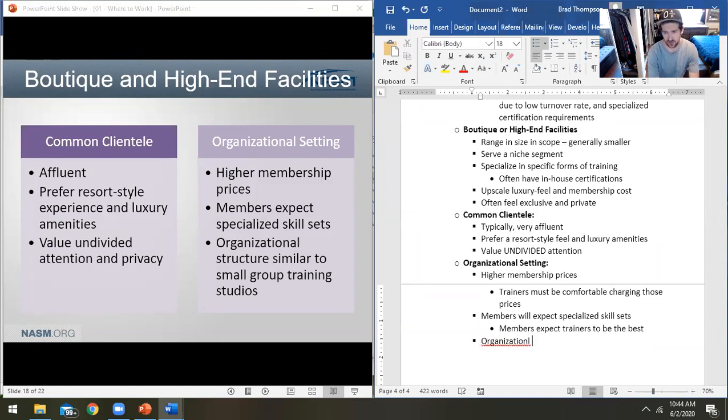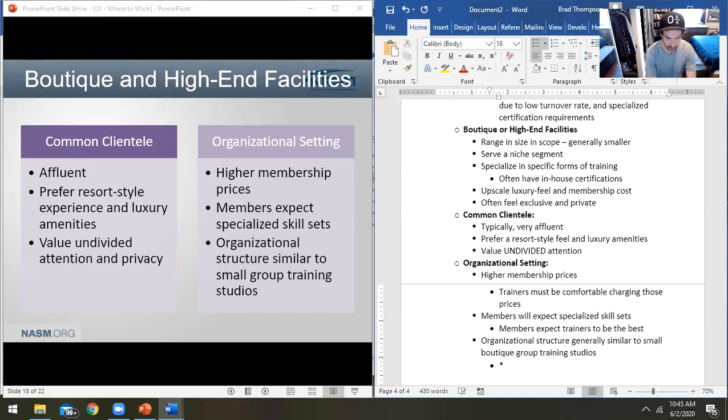Organizational structure generally similar to small boutique group training studios. Now, that is 100% not even remotely true at Equinox, which again is the first example that we think of.